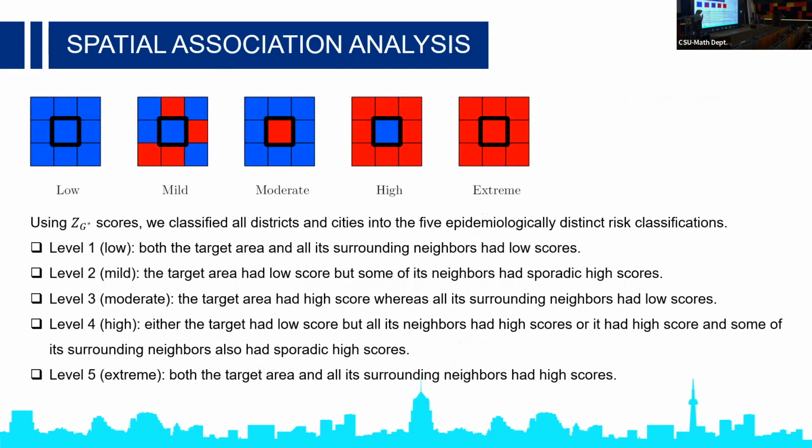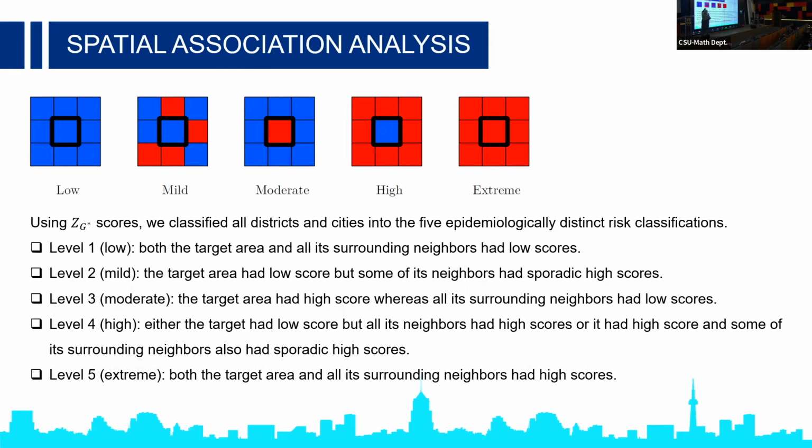So based on this, we use this kind of definition: level 1, low, if both the target area and all its surrounding neighbors had low scores; and level 2, mild, the target area had a low score, but some of its neighbors had sporadic high scores.